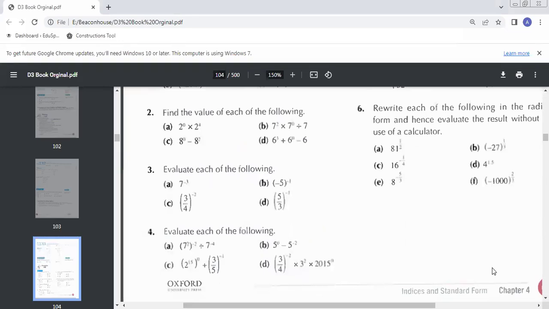Okay, now comes the turn of the negative power. This question number 3 has negative power questions. Of course, when we take the reciprocal of these numbers, the power will be positive. But I would recommend you try to use these rules when there is a question and you get the answer in the negative power: try to apply the rule at the end of the question.